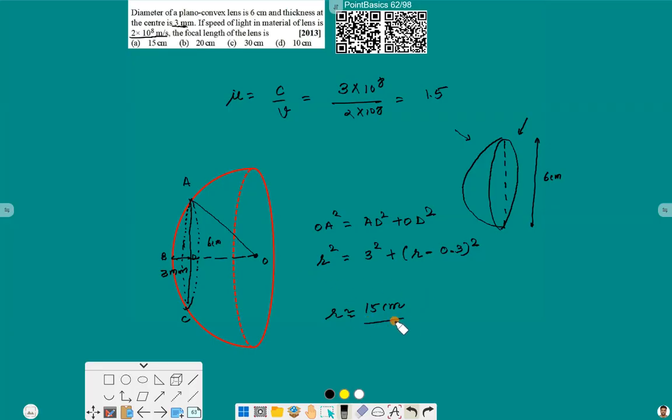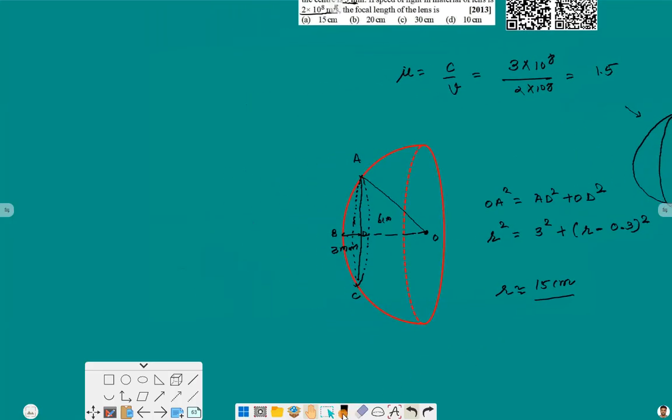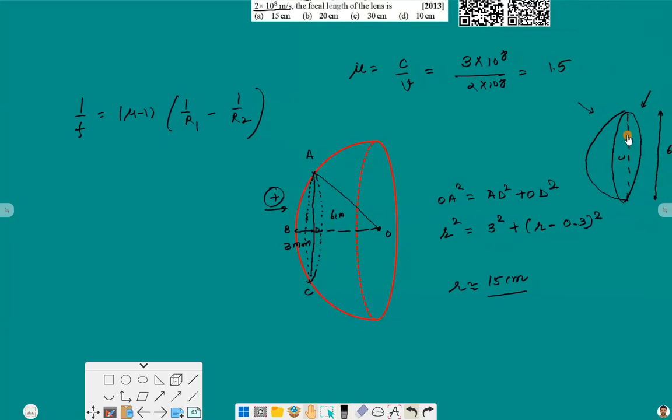Now we have the radius of curvature. So we can use the lens maker's formula, that 1 by f will be equal to mu minus 1 into 1 by r1 minus 1 by r2. Now for this side, the radius of curvature will be positive, and for the planar side, this planar side, it will be infinite.